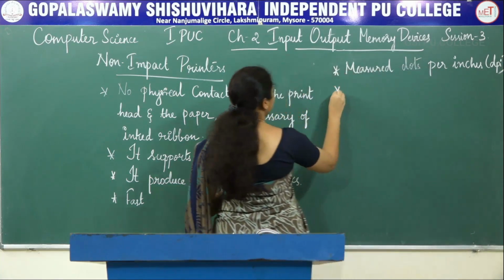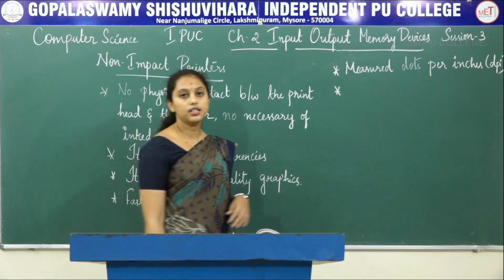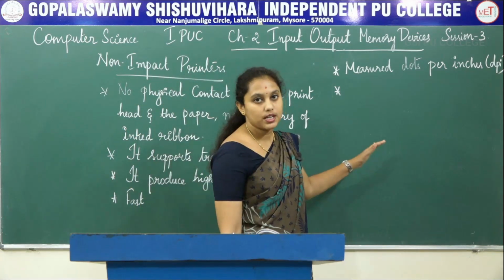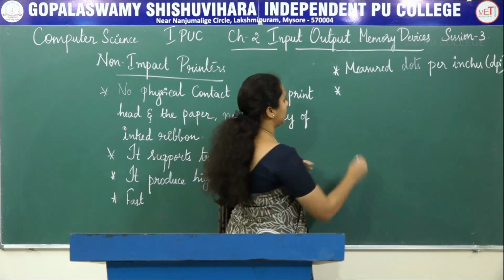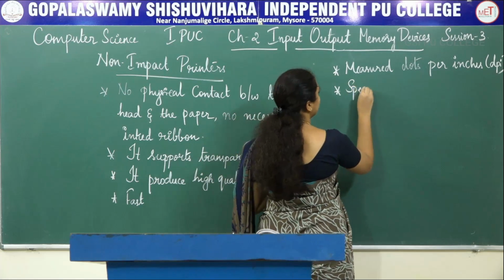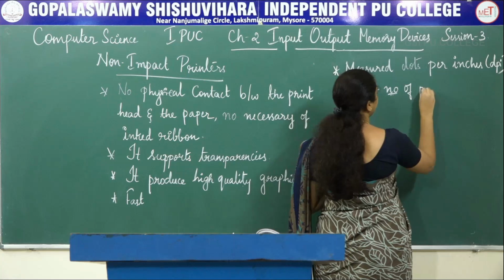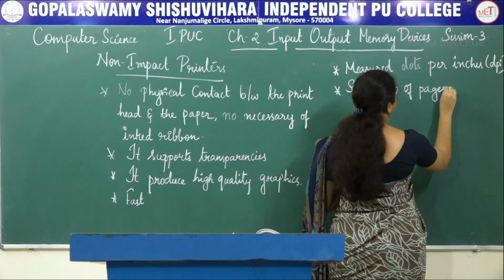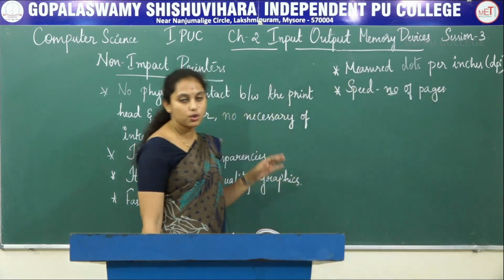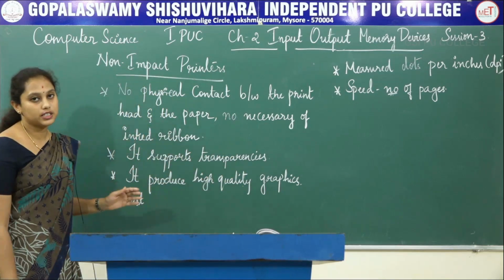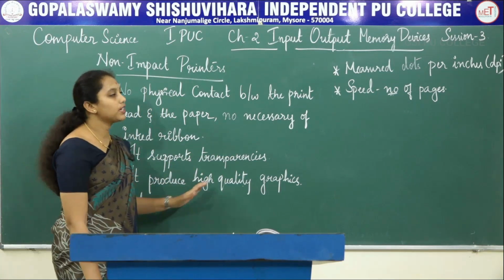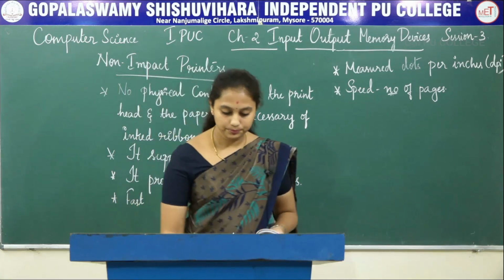And speed is measured by the number of pages it prints per minute. So these are all the characteristics of non-impact printers.